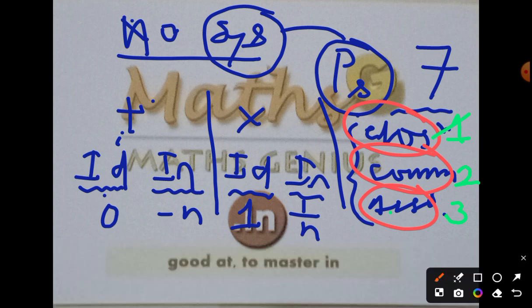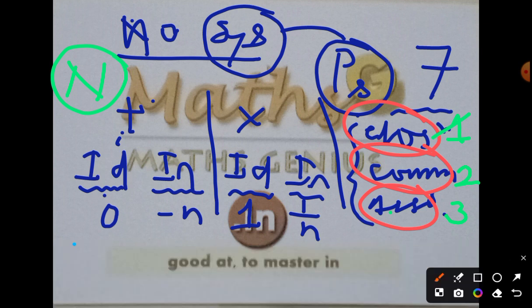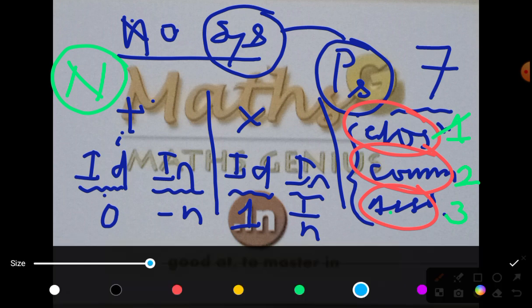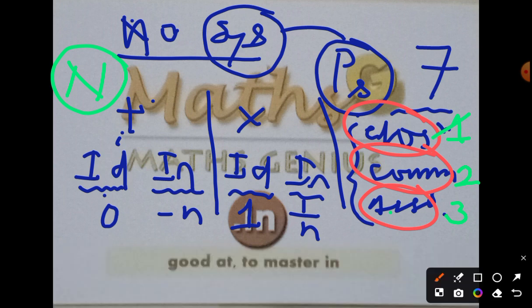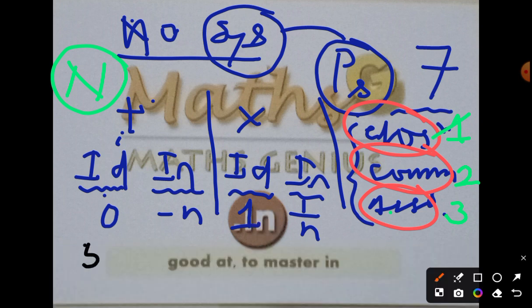Now let's talk of closure. Let's say we are talking of the natural number system, all the properties of the natural number system. If I take 2 numbers, let's say I took a number 5 and I took another number 3.